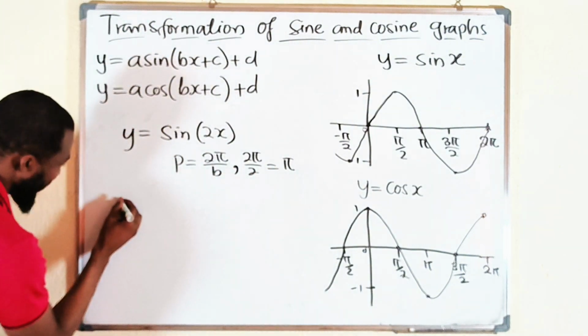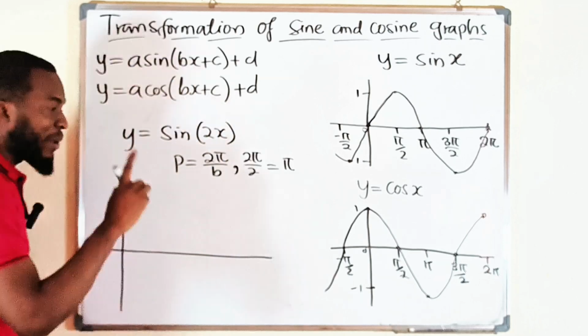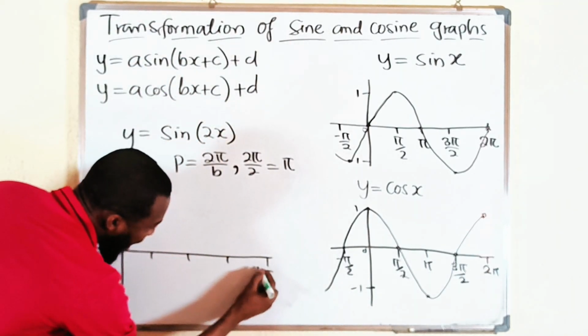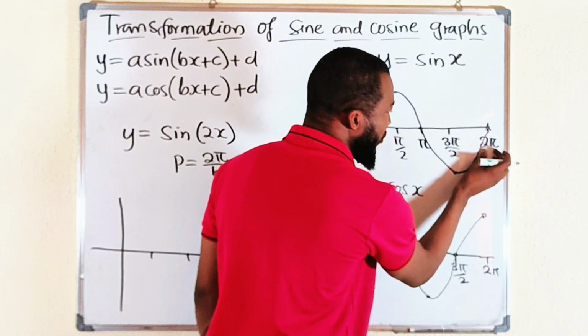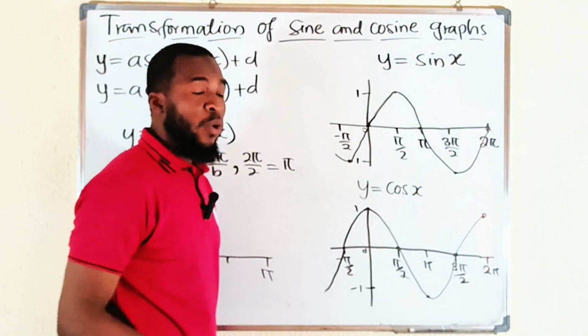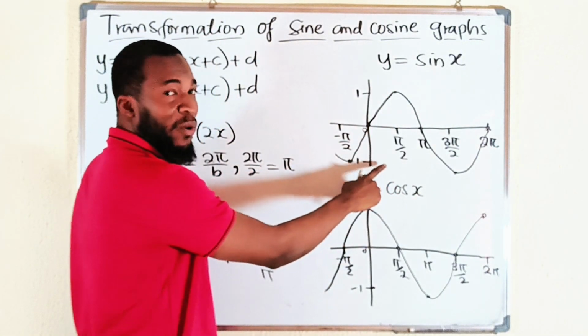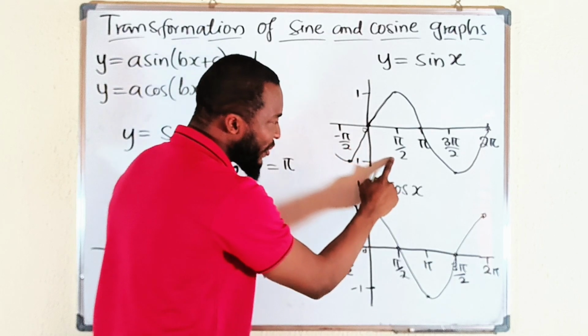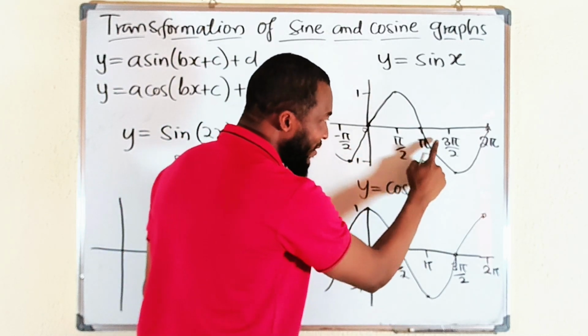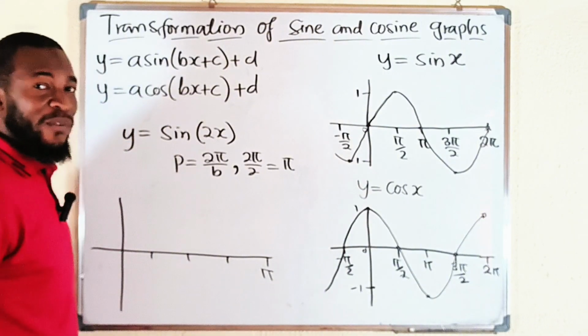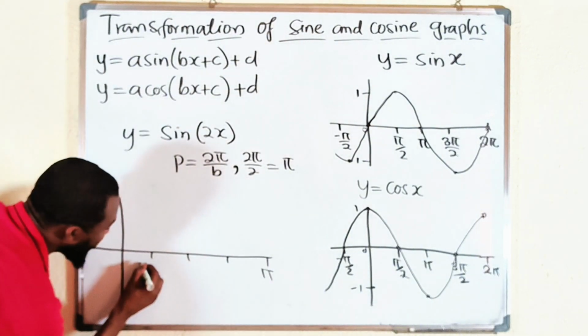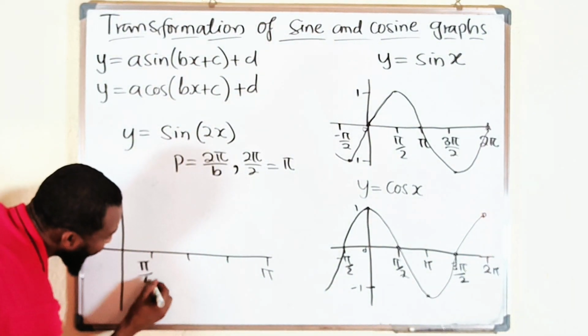So we have something like this. 4. I will drop my pi here. Come down here. If you take 2 pi, you divide it by 4, you're going to get pi over 2 each. So this is 1 pi over 2. This is 2 pi over 2. This is 3 pi over 2. This is 4 pi over 2. So if you take this one, you divide it by 4. This one will be pi divided by 4.